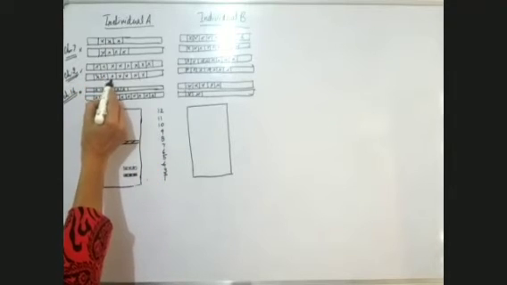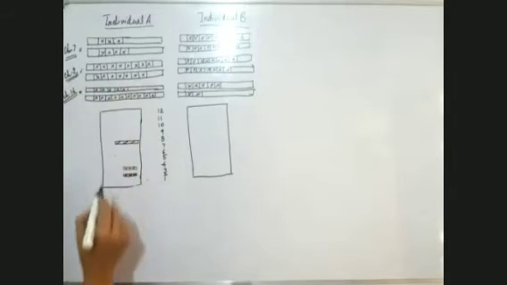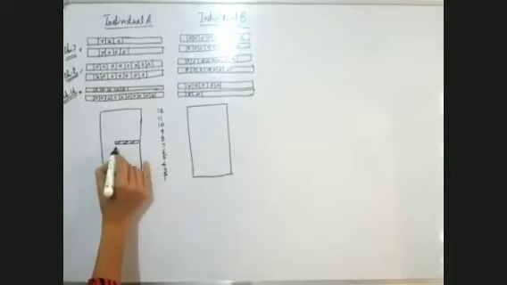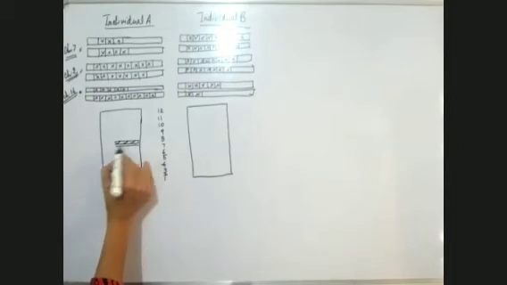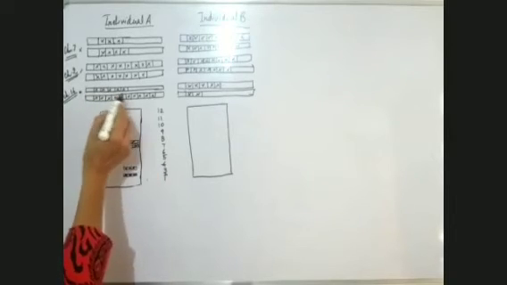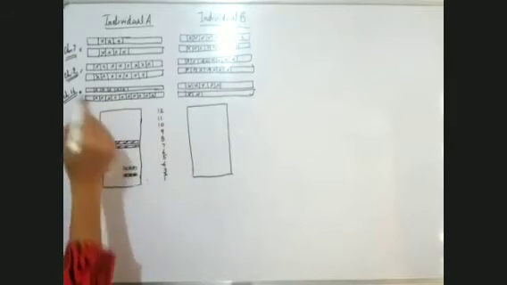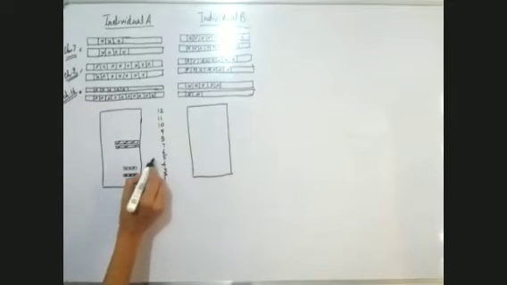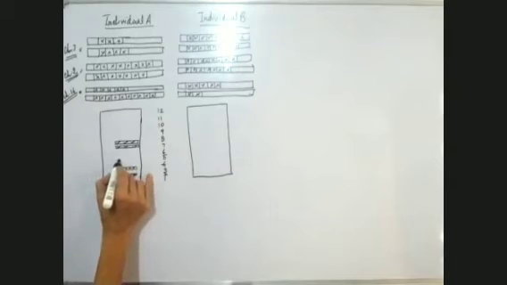Then we have 7, so it will appear here. The next band of this will appear here. Then we have 5 of chromosome 16, so it will be seen here.